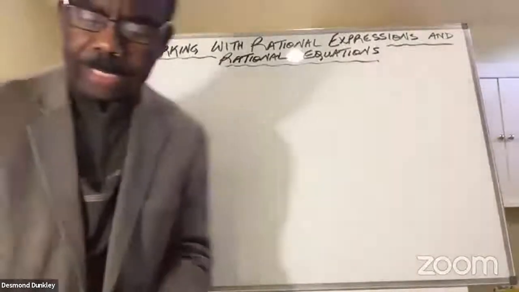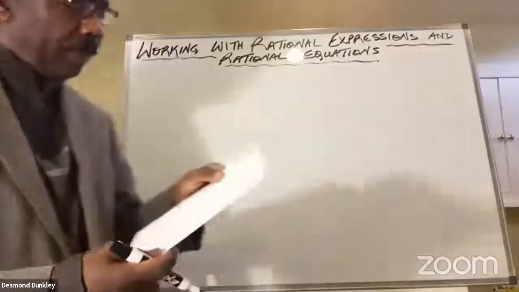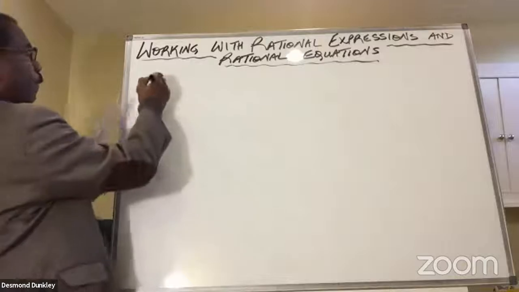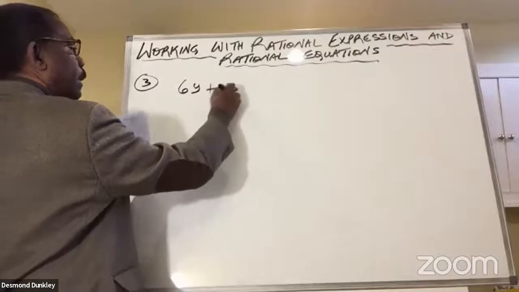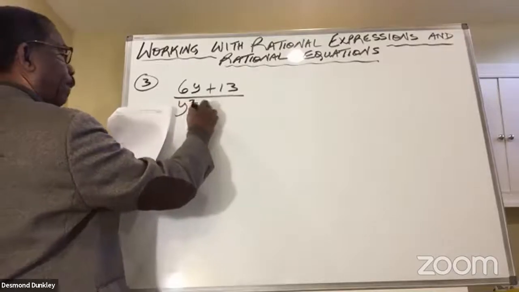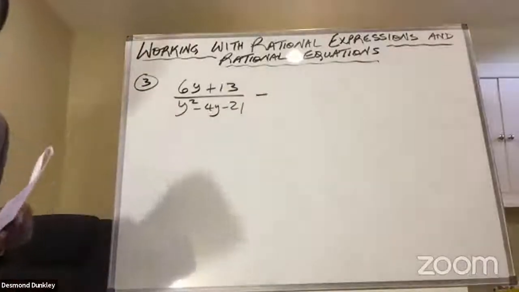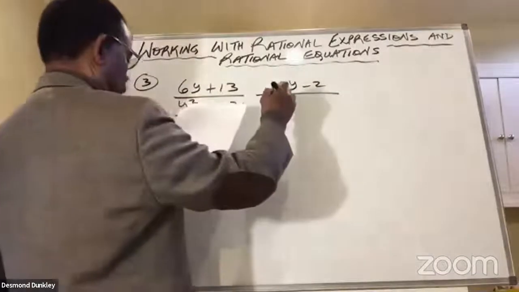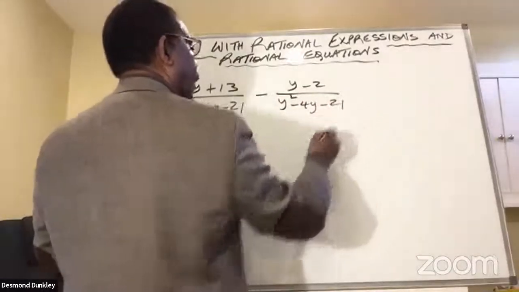Again, we're working with rational expressions. We're trying to go through the skills that you will need so that you can be comfortable. Let's try this one, number 3: 6y plus 13 over y squared minus 4y minus 21, minus, watch that now, that's a minus sign, y minus 2 over y squared minus 4y minus 21.